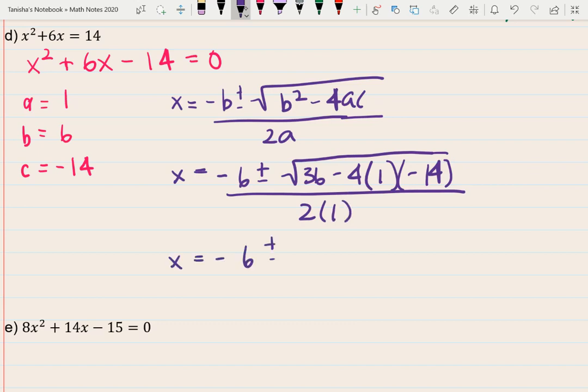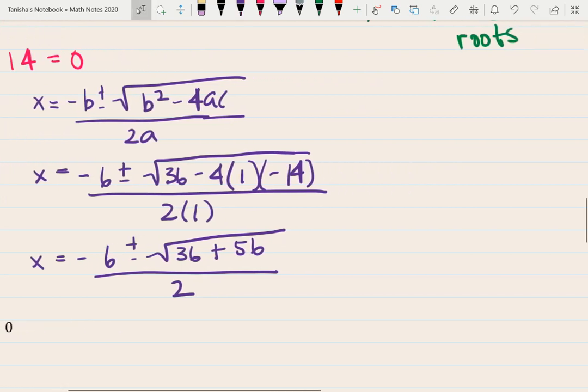Again, in our evaluation steps, we're going to simplify what's underneath the square root. So we have 36 plus, because -4 times 1 times -14 is going to give us a positive 56, or 52, sorry, oh, 56, all over 2.